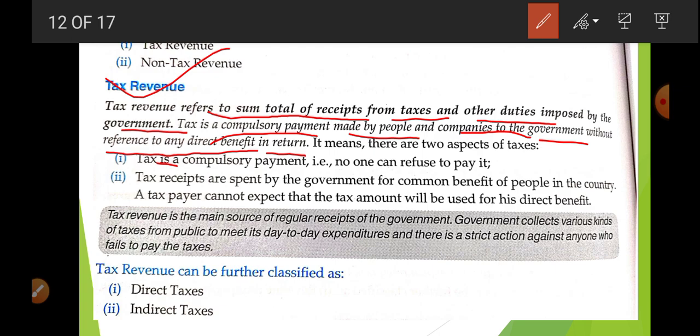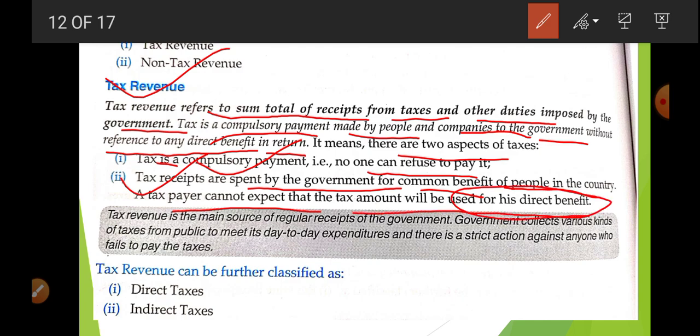It means tax has two aspects. First, it is a compulsory payment, no one can refuse to pay it. Second, tax receipts are spent by the government for the common benefit of the people in the country. A taxpayer cannot expect that the tax amount will be used for his direct benefit. Now tax is of two types, direct tax and indirect tax.